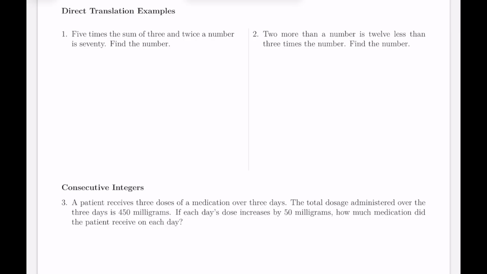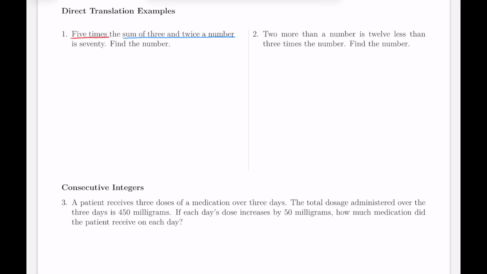I do know that when it's all said and done, my answer is going to be something like 12, or 30, or -2. I don't know. But I see 5 times. That's something important. 5 times something. What am I going to be taking 5 times? Well, I'm going to be taking it times the sum of 3 and twice a number.